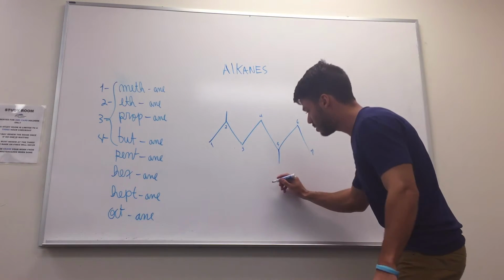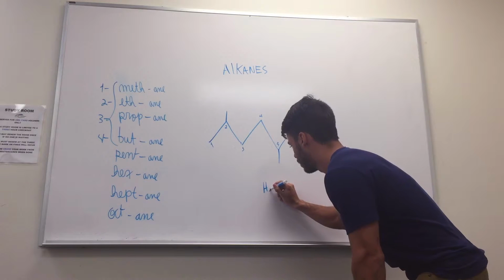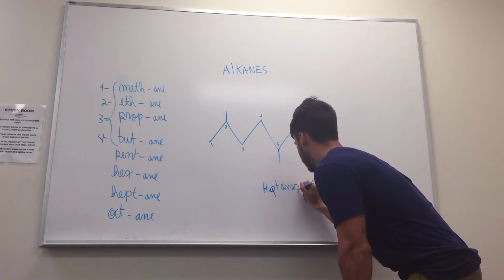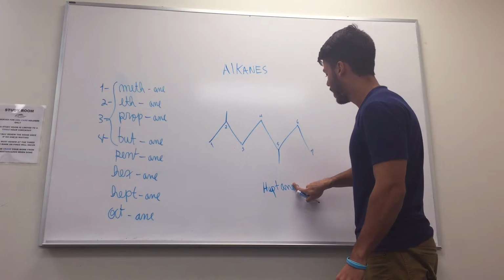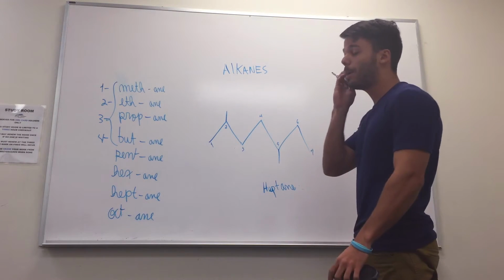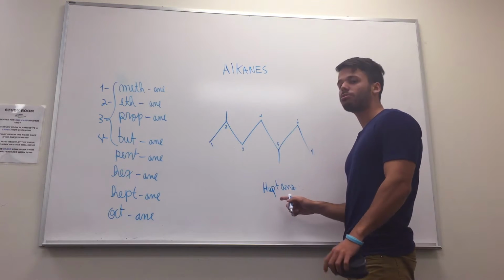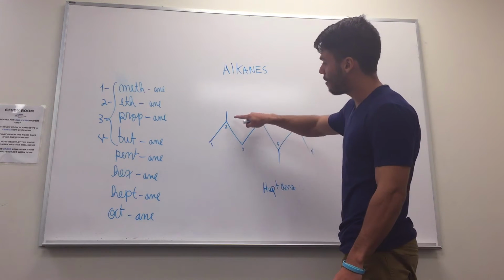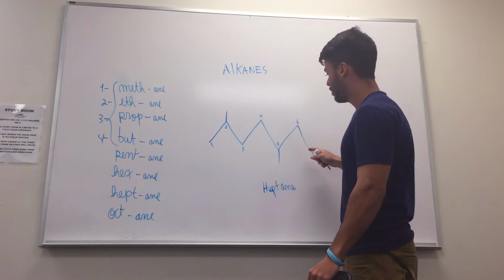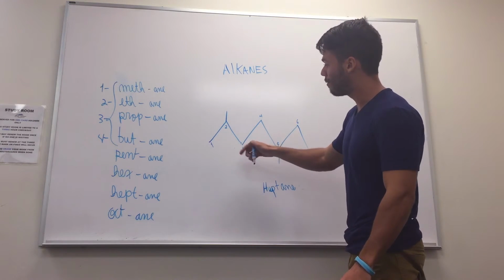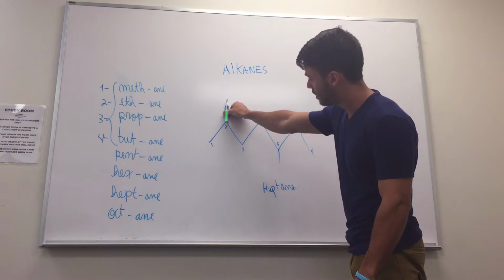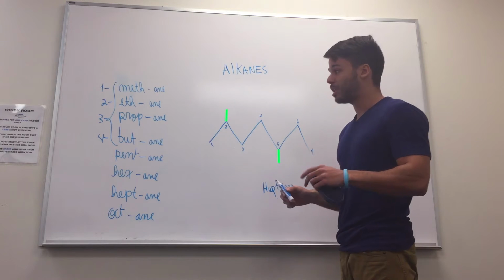So what you want to do is write down heptane. I have the best handwriting in the world, but you should do it. Okay, so heptane, right? This is the name of your longest chain. But this is not just a regular heptane. We actually have these things here which we call substituents, right? As you can see, they're not part of the 7 carbon chain. This and this are substituents, okay?